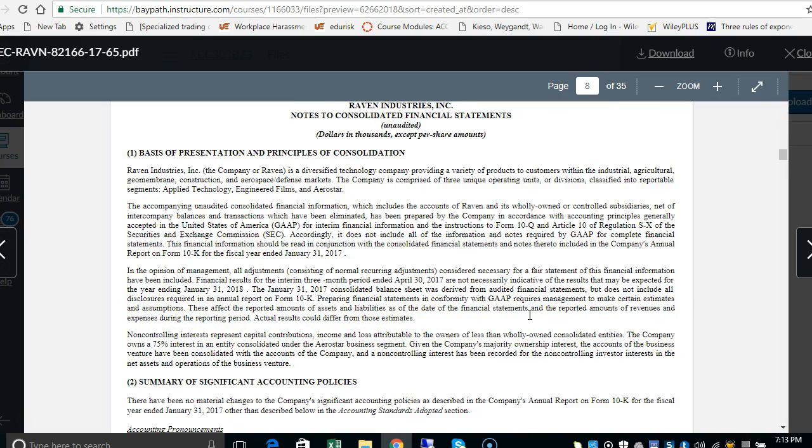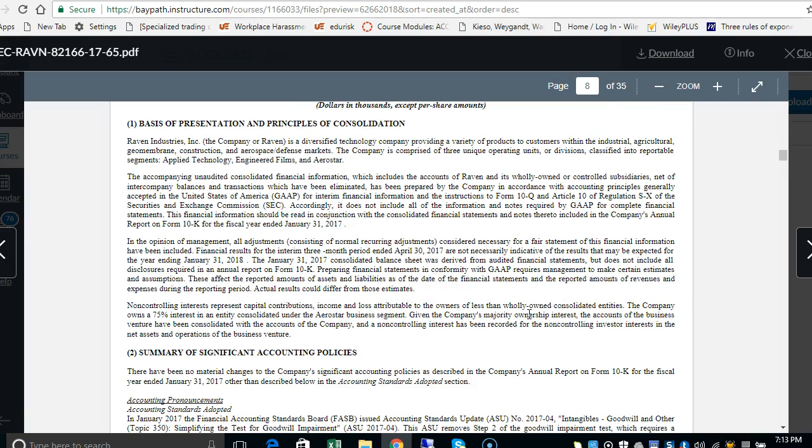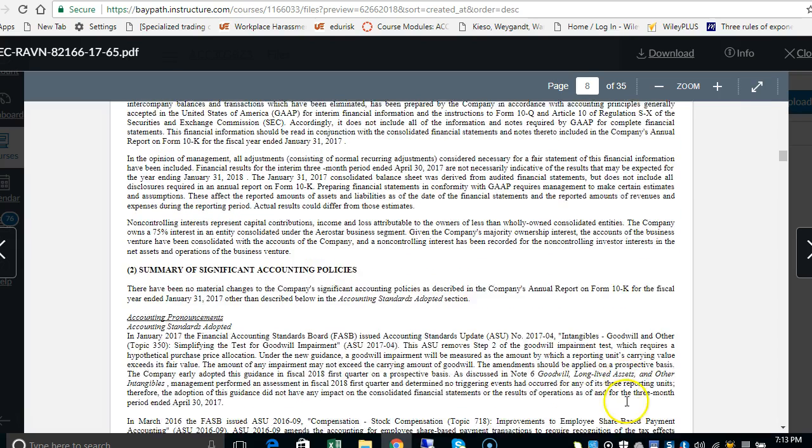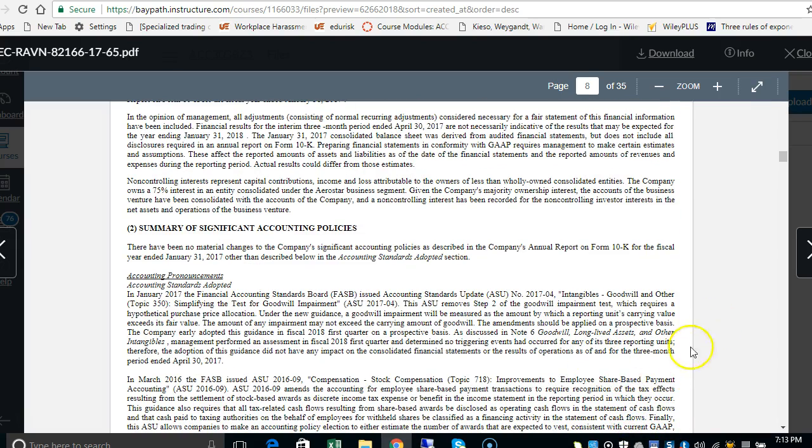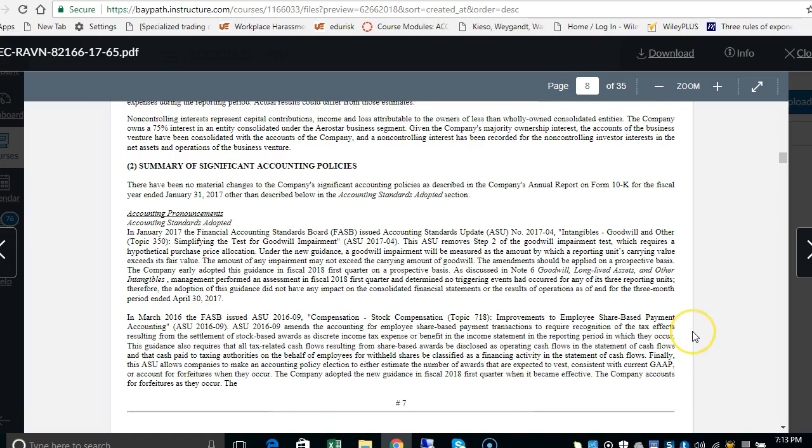Now comes the part that really the auditors help contribute. The basis of presentation of principles of consolidation. The important thing is the summary of significant accounting policies. So they mention the FASB update on intangibles, goodwill, and other topics.